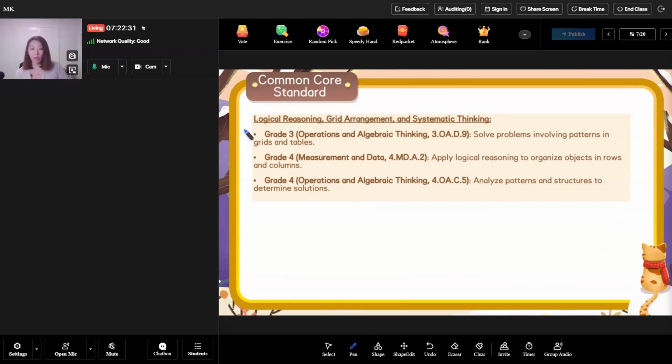So this question, I believe it really exercised the kids' logical skill and grid arrangement. Grid arrangement is actually very important for some of the geometry subjects in the future, and also systematic thinking. That's what I said earlier, how to quickly identify the problem and focus on the problem only so that we can solve it efficiently. Okay?